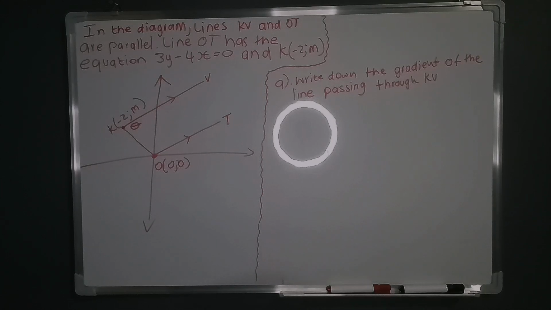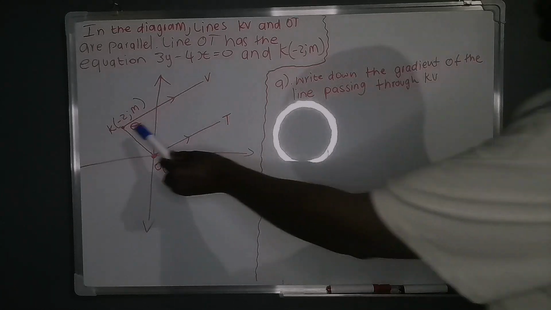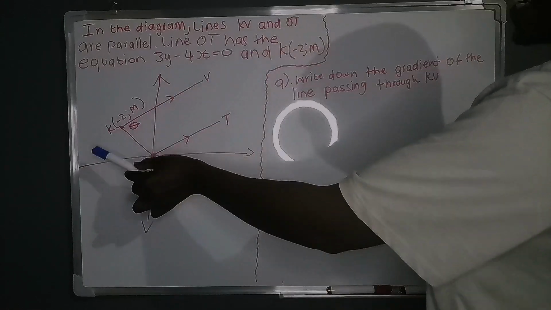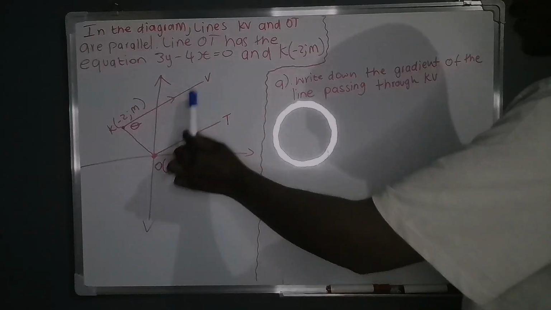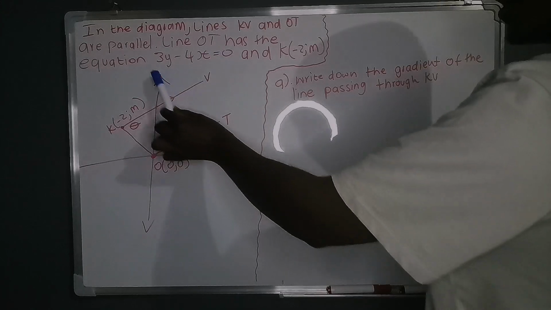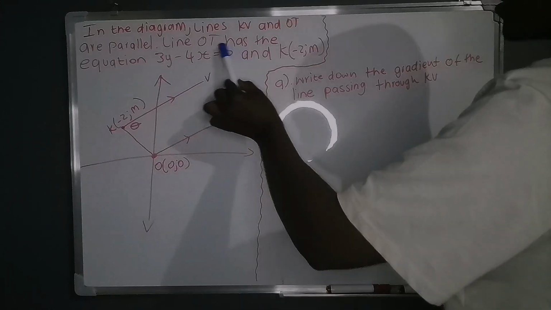Where is our KV there? Here's our KV, this line. We want to find the gradient of this line. And these two lines are parallel, remember? And they give the equation of OT. OT has the equation 3y minus 4x equal to 0.